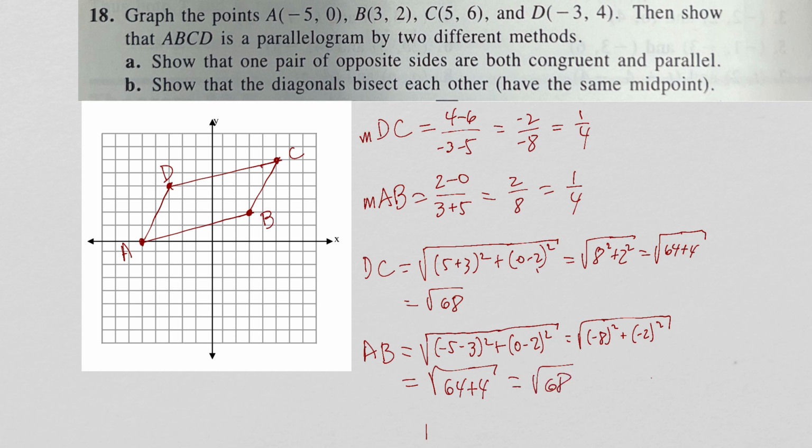So they're parallel and congruent, therefore ABCD is a parallelogram.